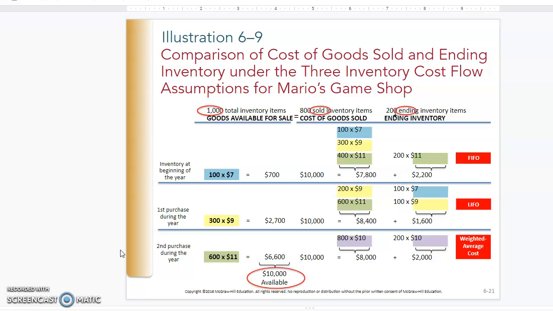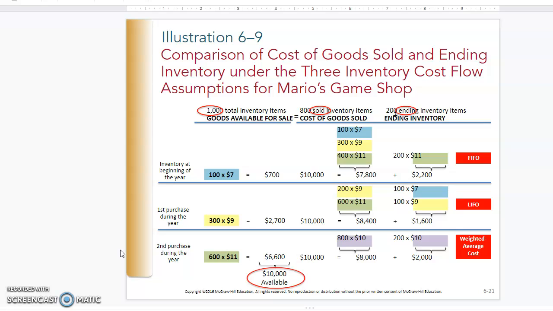Cost of goods sold using these methods. First in, first out, FIFO. The first units we have are assumed to be the first ones sold, so we start from the top. 100 units at $7, 300 units at $9, which gives us 400.